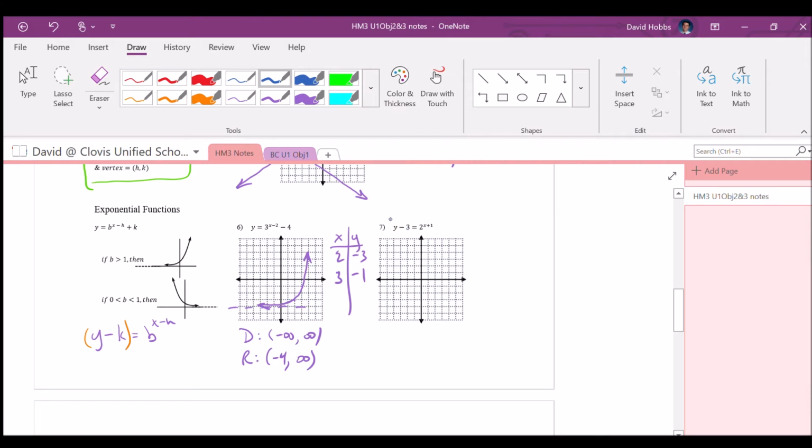It's y minus 3 over here. What would I plug in for y to make it 0 in there? Positive 3. Okay, so horizontal asymptote up at positive 3. Okay. What would I plug in for x to make it 0 up there in the exponent? -1.